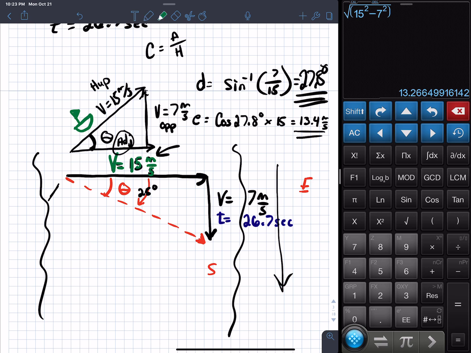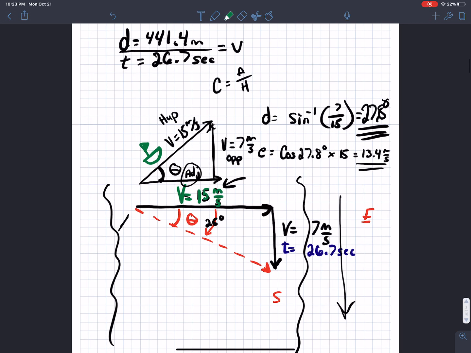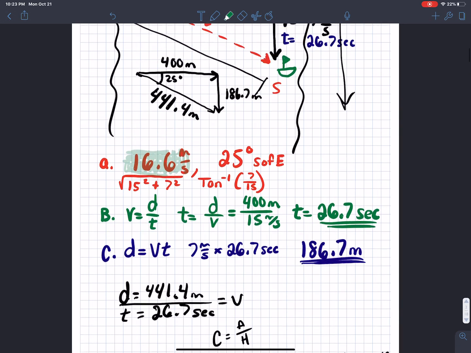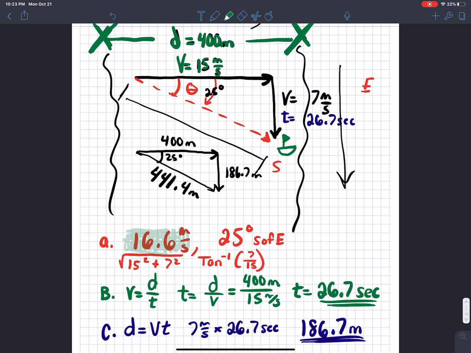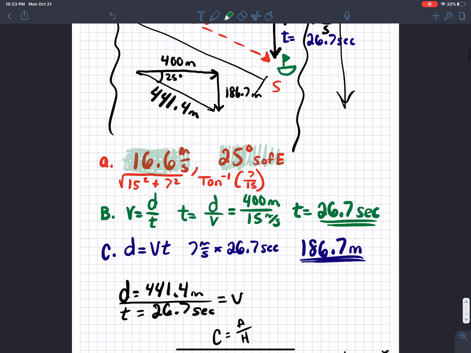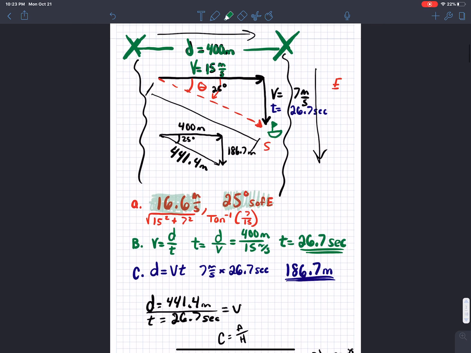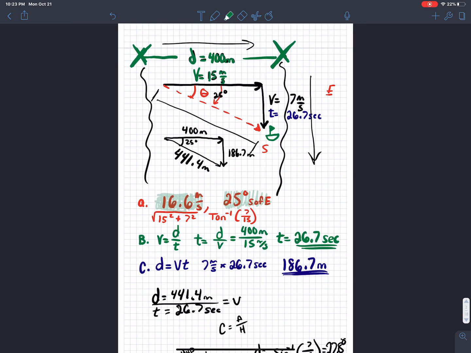But we now have our first riverboat problem solved. Going back through the list, we know the resultant vector is 16.6 meters per second at a 25-degree angle south of east. Time to get across the river is 26.7 seconds.